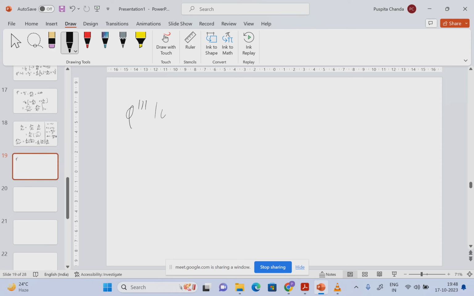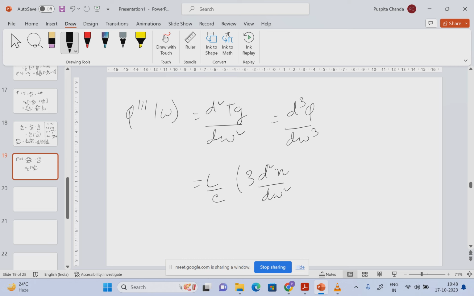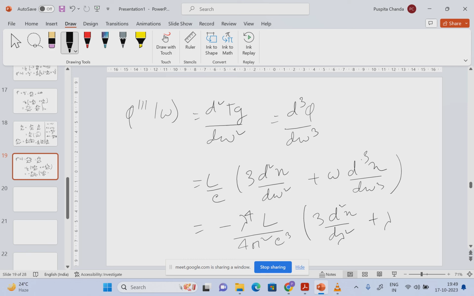Now, phi double dash, triple dash omega, this is Tg d omega square, which is L by c into omega d cube n, and in lambda terms, this is for any dispersive media.